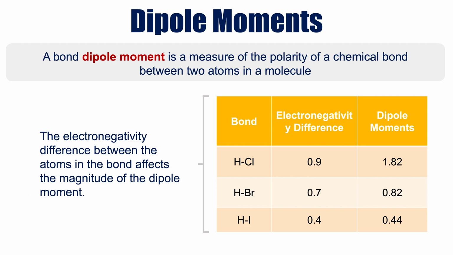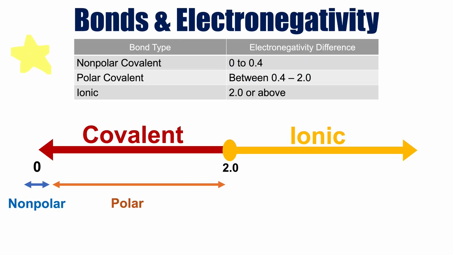All right, so now you have to understand that there are different strength dipole moments. Based off of the difference in electronegativity, you can have different strength dipoles being formed. This concept of dipole moments is going to become more important towards the end of the unit when we discuss polarity of molecules, but just understand these different dipole moments have different strengths based off of the difference in electronegativity for the elements.